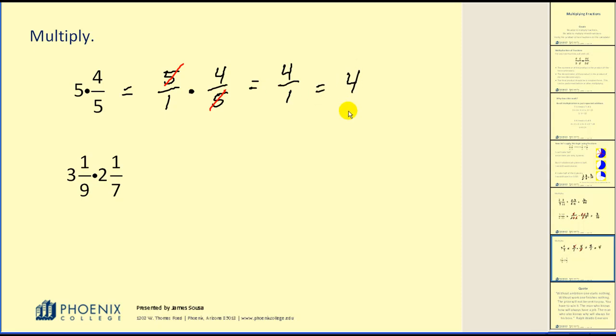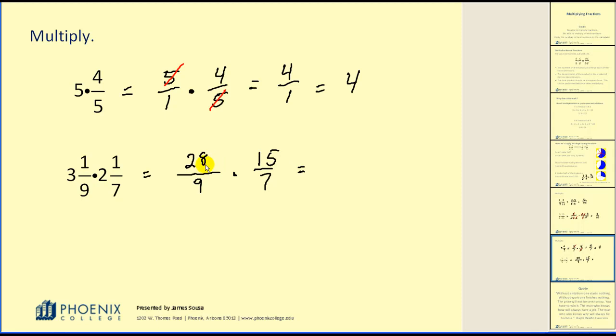Okay, the last example, we have 3 1/9 times 2 1/7. Again, we have to have these written in the form of a over b and c over d. So what that means is we have to rewrite these as improper fractions. So remember, it would be 9 times 3 plus 1, or 28/9, times 7 times 2 plus 1, 15/7.